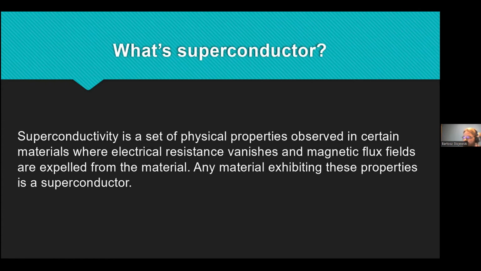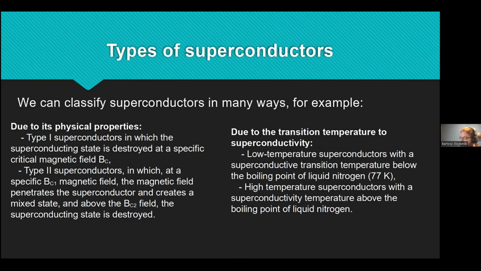A characteristic effect of the superconductors is pushing the magnetic field out of the material, called the Meissner effect, in the first type of superconductors, or the concentration of the magnetic field into vortices in the second type of superconductors. We can classify superconductors in many ways.